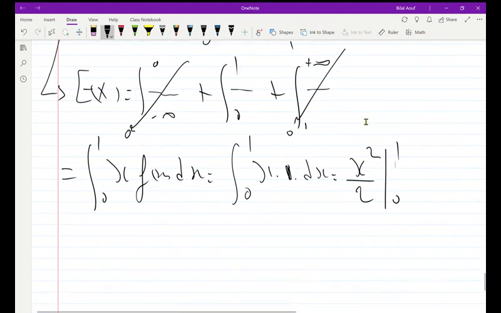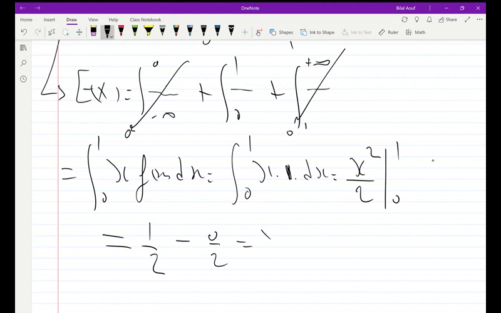Replacing x by 1 gives 1 over 2, minus replacing x by 0 gives 0 over 2, so it equals half, 0.5.